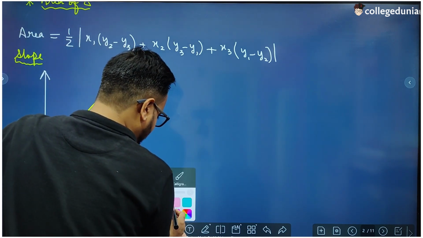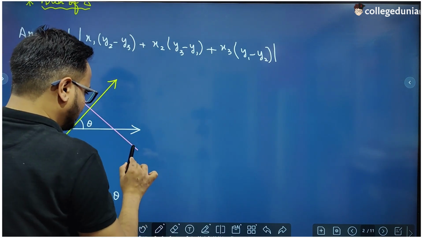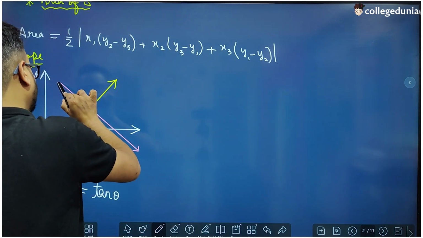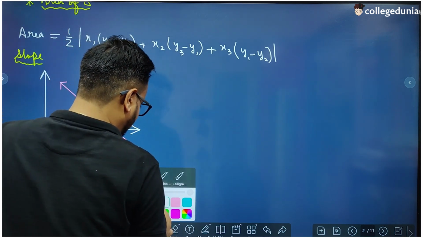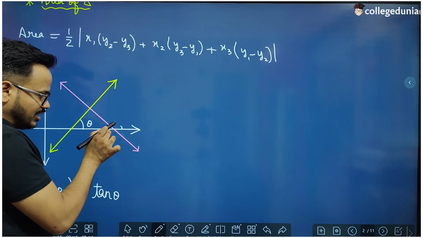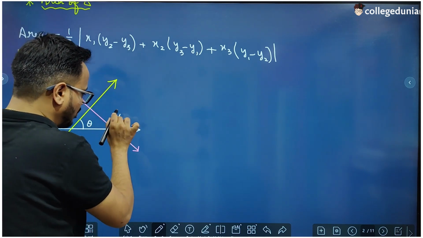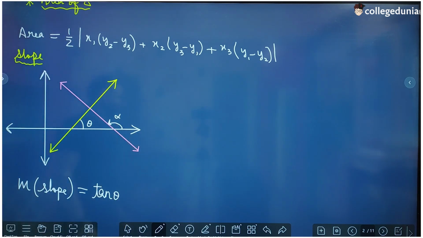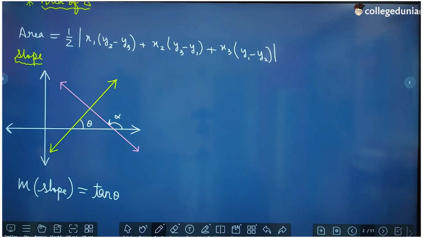If the line is suppose like this, and this line is making another angle alpha, we are not going to take this angle, we will take this angle to find the slope of this line. So slope of this line would be tan alpha. We have to take the angle which is measured from x-axis in anti-clockwise sense, not the other angle, right? So that angle will give us the slope of the line.